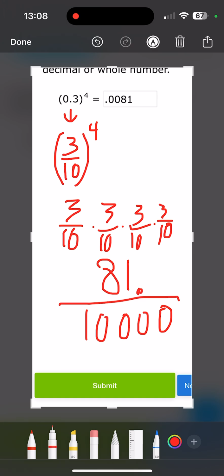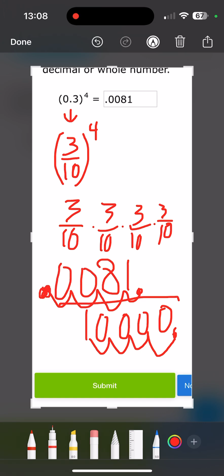So if you put a point here and a point here, you can count 1, 2, 3, 4. 1, 2, 3, 4. That'll be the new placement of the decimal, and you can fill in the zeros. And then that decimal is no longer there. This decimal is no longer there. Denominator would just have 1. So 0.0081 divided by 1 is just 0.0081.